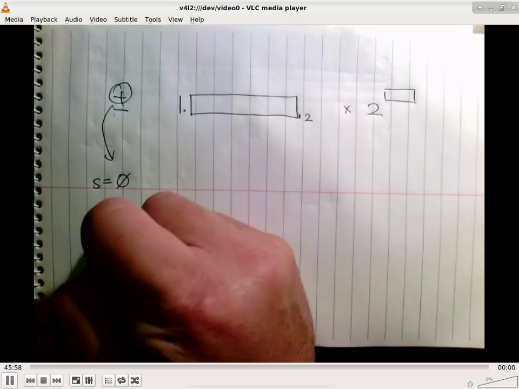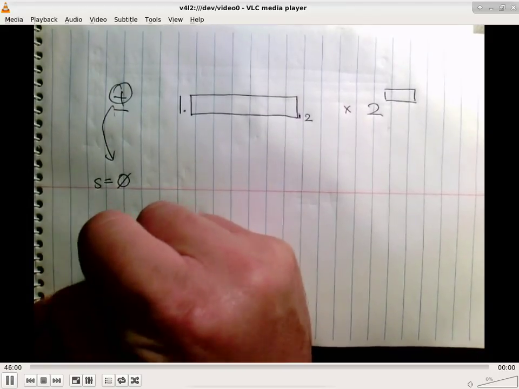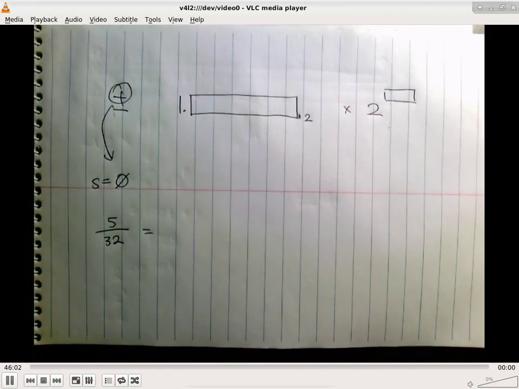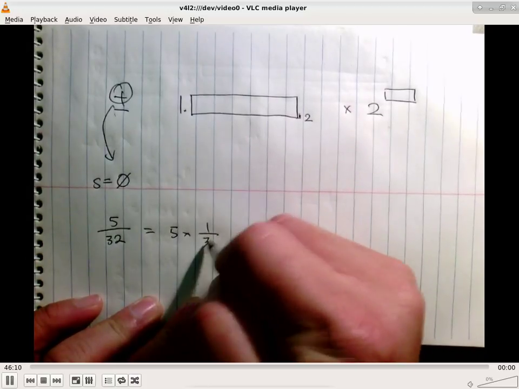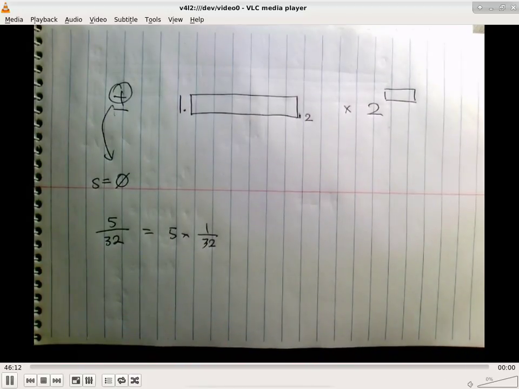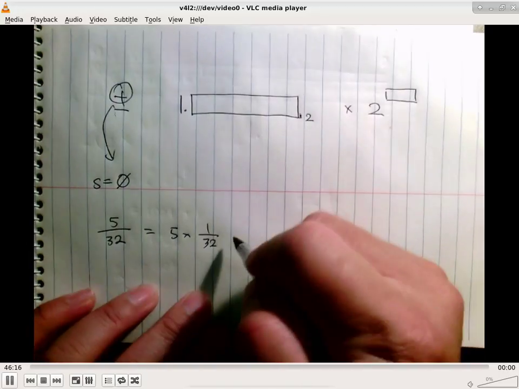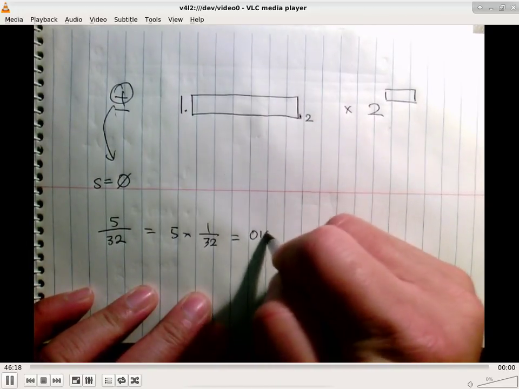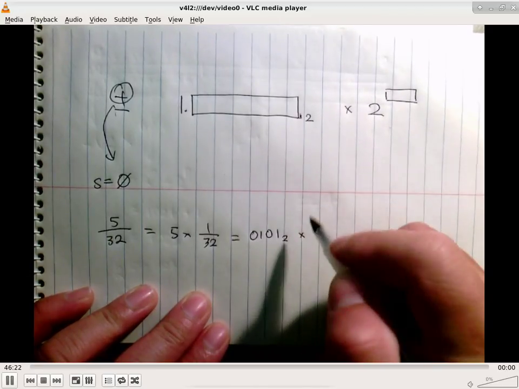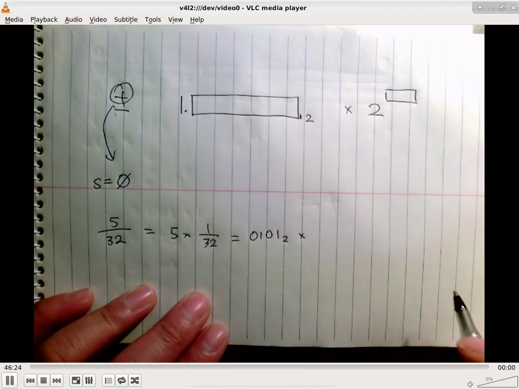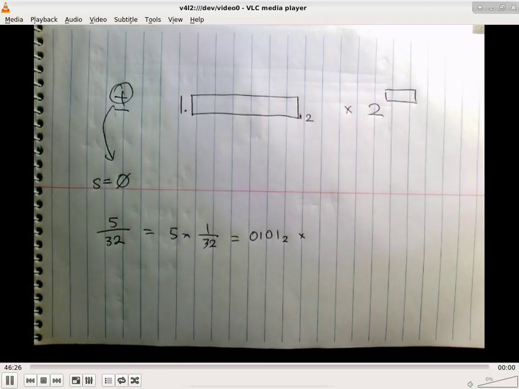So when you look at 5 over 32, how would you represent it? How about 5 times 1 divided by 32? How do we represent 5 as a binary number? 0, 1, 0, 1 in base 2, right? What about a single 32nd?